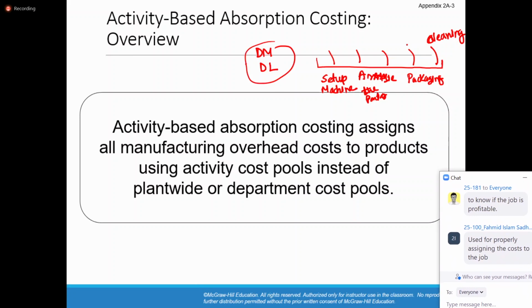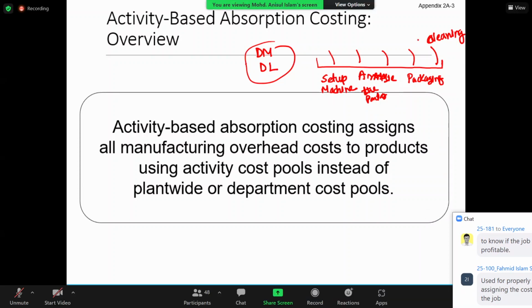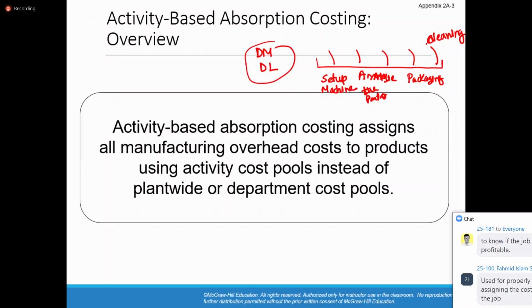You do not buy the cleaning materials for each of the products separately. Rather, you buy the cleaning materials, or you apply the cleaning materials, on a batch basis or a job basis. It is a kind of overhead.